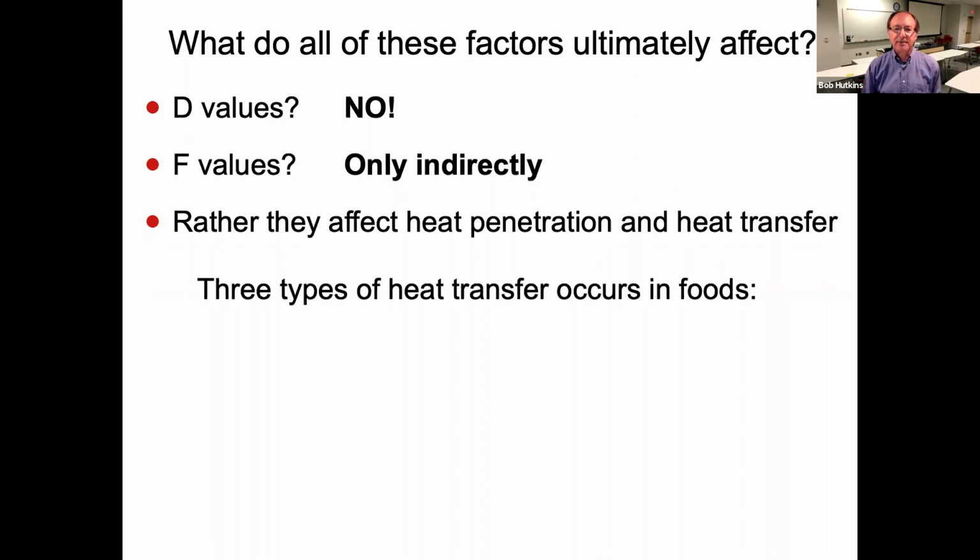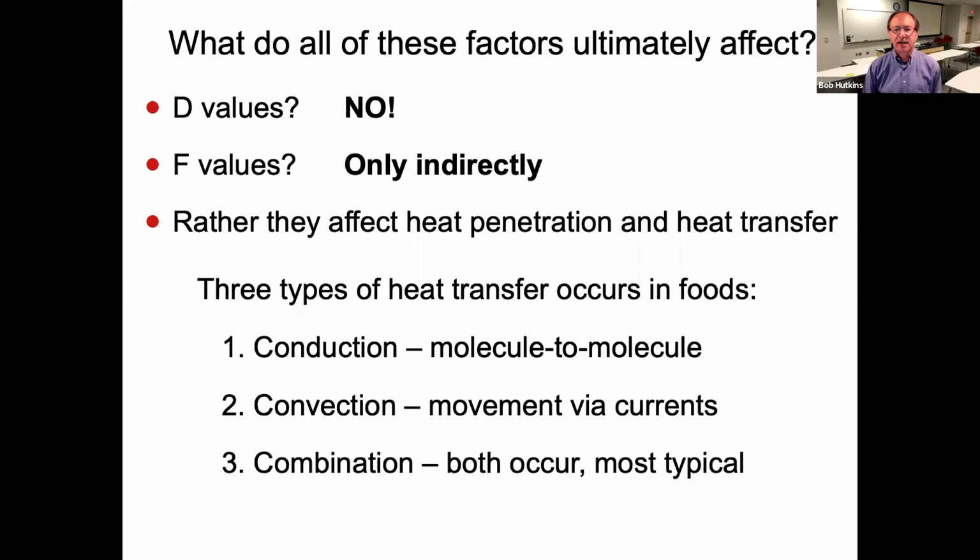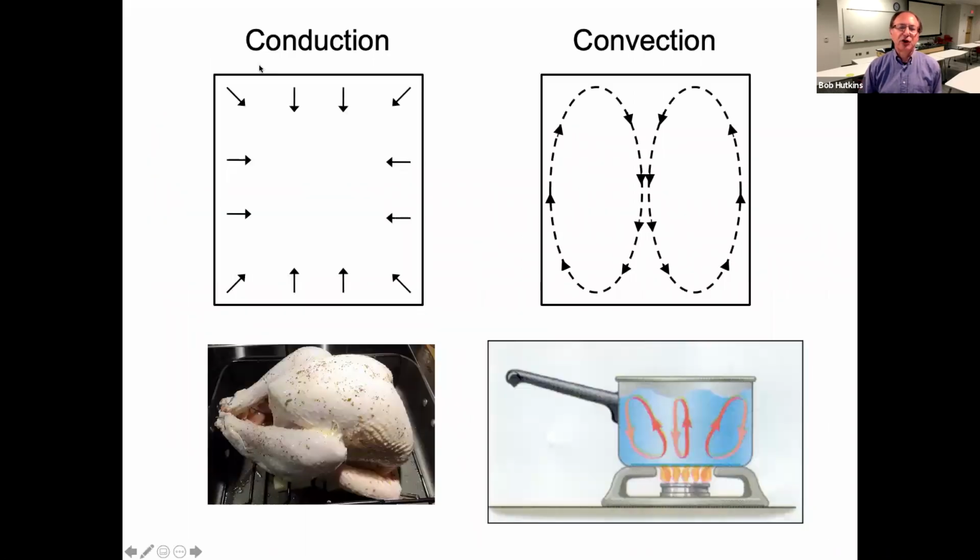So there are 3 types of heat transfer that occur in foods. There's conduction, molecule to molecule, and convection, movement via currents. And as is common, especially in canned foods, both occur. Conduction in a can would be like canned tuna or canned chicken, where it's molecule to molecule and you're heating the food from the outside to the inside. Convection gives you currents.